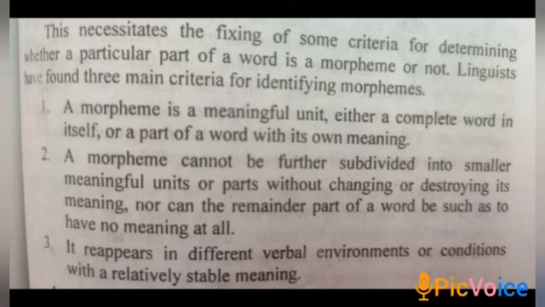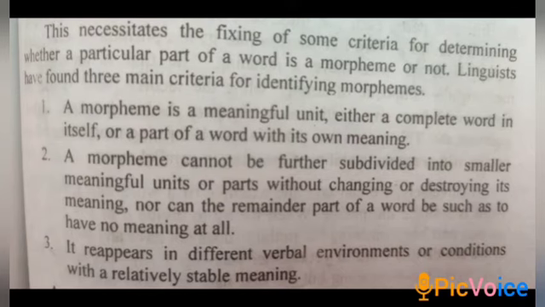Second, a morpheme cannot be further subdivided into smaller meaningful units or parts without changing or destroying its meaning, nor can the remainder part of a word be such as to have no meaning at all. Third, it reappears in different verbal environments or conditions with a relatively stable meaning.